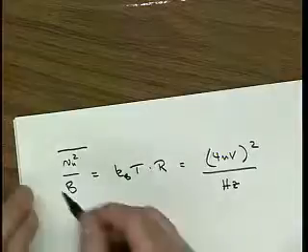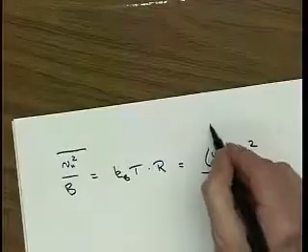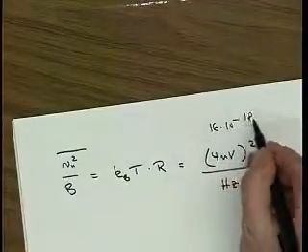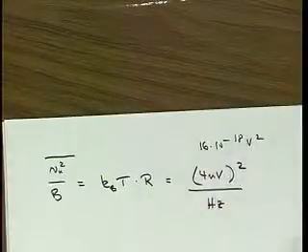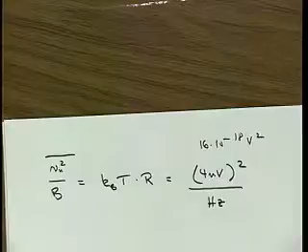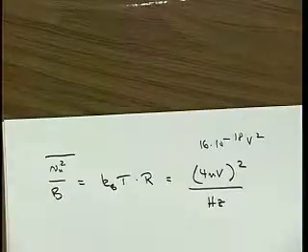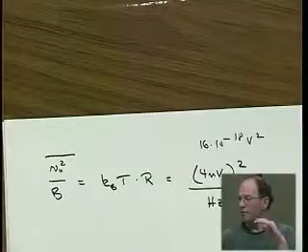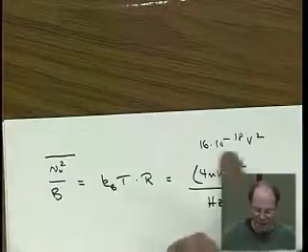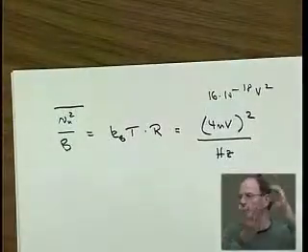And just like before, 4 nanovolts squared would again be 16 times 10 to the minus 18 volt squared. In fact, I think some versions of the HSpice post-processor, in its infinite wisdom, have a piece of code in it that if you plot something and the absolute value is less than 10 to the minus 18 or so, then it says it's got to be at least 10 to the minus 18.